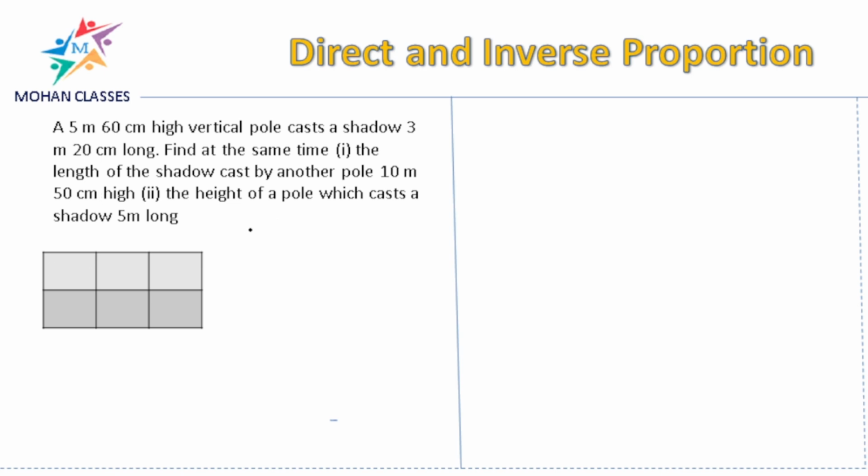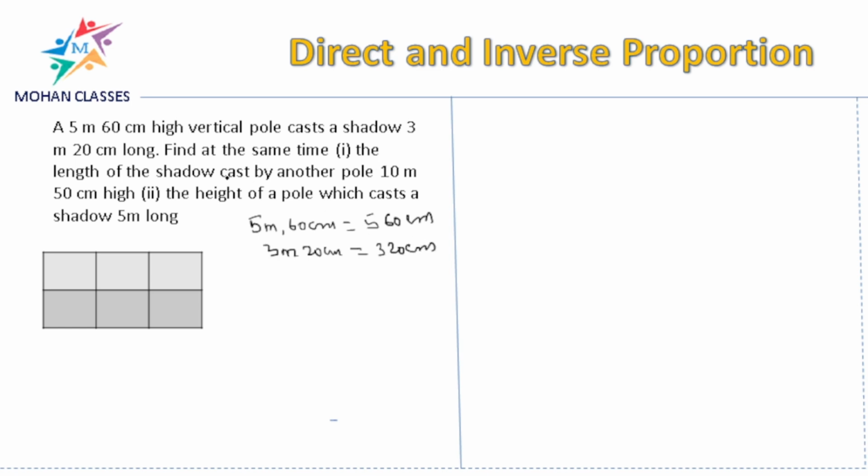So first given 5 meter 60 centimeter can be written as 560 centimeter. Okay, and then 3 meter 20 centimeter it has given. It is 320 centimeter.